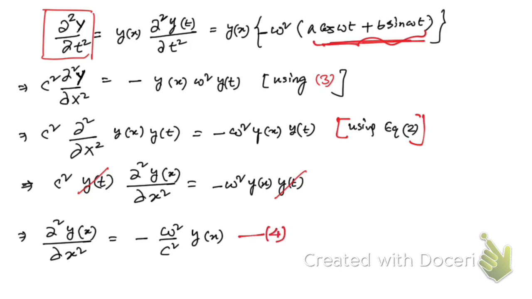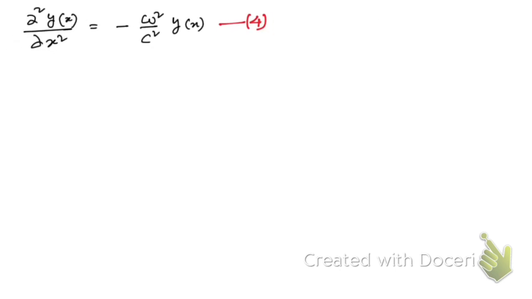Okay, now let me take a new slide. So let me copy this equation number 4 and let me go to new slide. Now you see this equation can be written in this form. Let me show you. It can be written in this form, right? Just let me write this way.